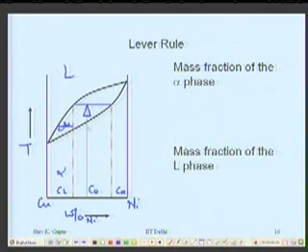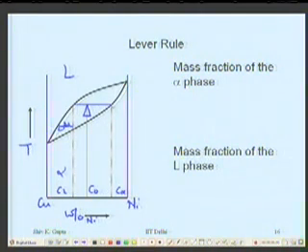We'll see that the tie line acts as a lever of the first kind with the overall composition of the alloy as the fulcrum, mass of the liquid phase hanging at the liquidus and mass of the solid phase hanging at the solidus, and tie line has to be maintained horizontal.